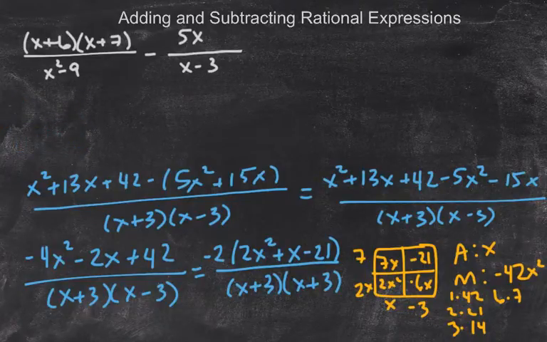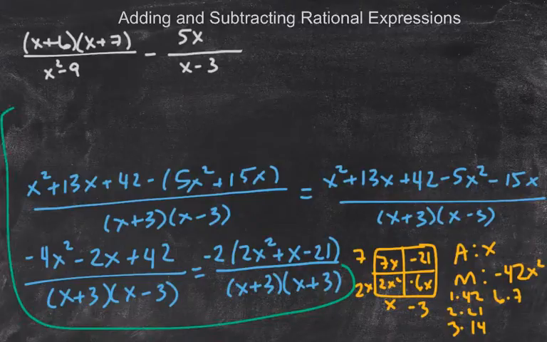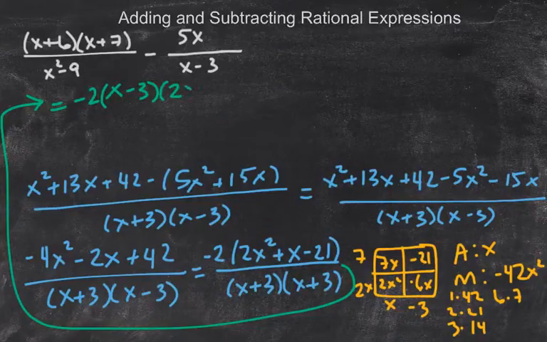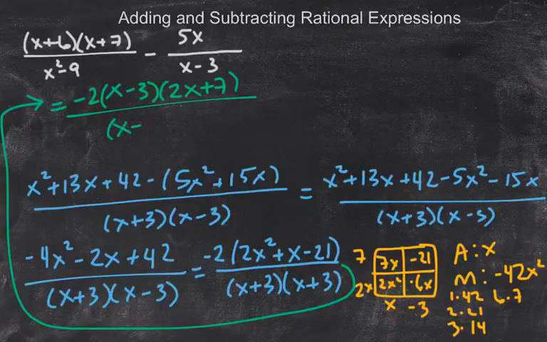And I'll start in a different color just to keep everything clear. So now I'm going up here, and I can rewrite this as negative 2 times x minus 3 times 2x plus 7 over denominator of x minus 3 times x plus 3.